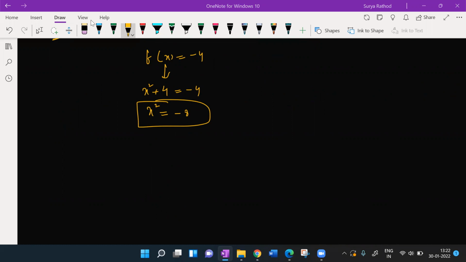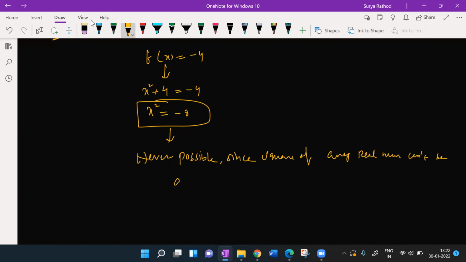It is never possible, since the fourth power of any real number can't be a negative number. Am I clear? Yes or no?